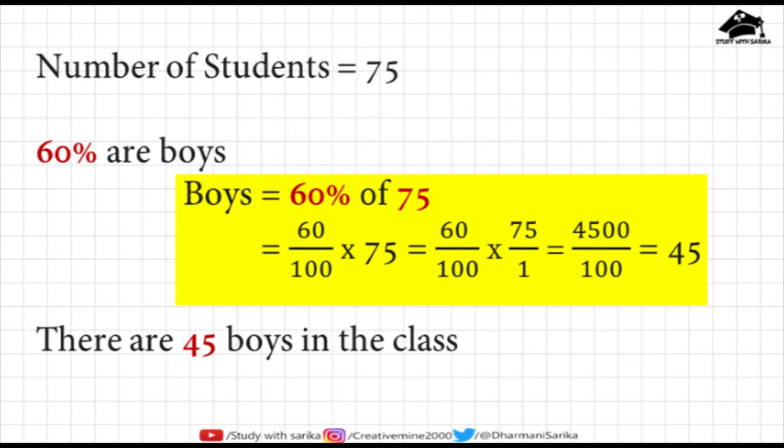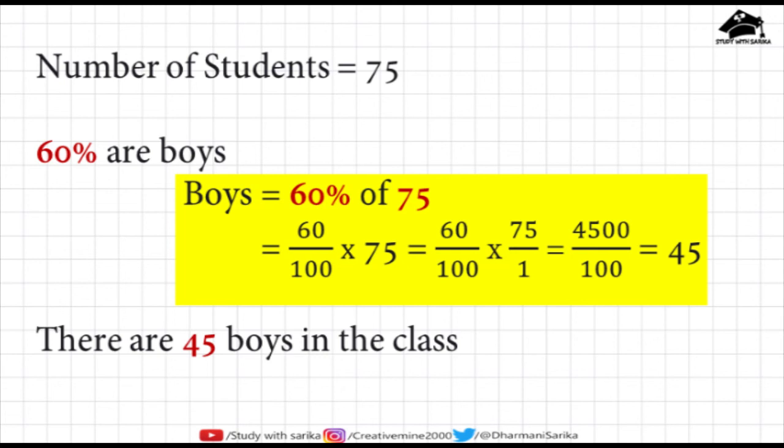Now you know how to write 60% in its fraction form: simply 60 divided by 100. And of in mathematics is replaced by the multiply sign. Remember this also: of is replaced by the multiplication sign. So 60 divided by 100 multiplied by 75. Now do all the calculations.